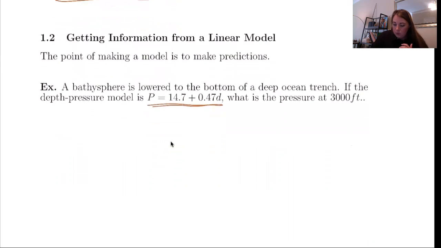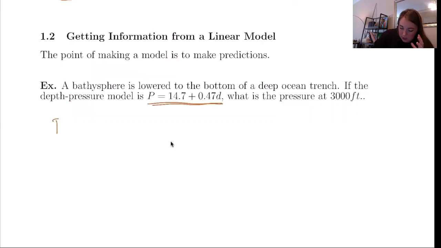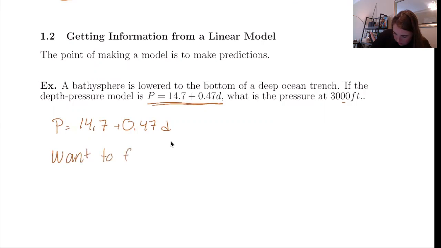Right? So I want to be able to take this model. So P is 14.7 plus 0.47 D. And it says, what is the pressure at 3,000? So I want to find P when at 3,000 feet.